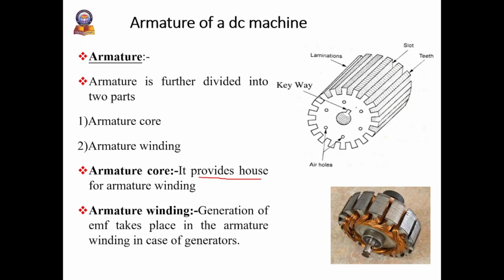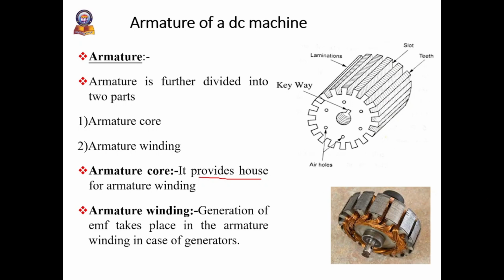If you see the armature structure, it is also a laminated type of construction, right? You can observe here. In the previous case, the pole core or pole shoe, there also you can observe the laminated type of construction. Here also you can see that it is laminated construction, which indicates that in order to minimize the eddy current losses, the laminated type of construction is chosen.